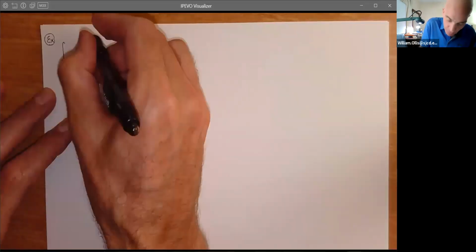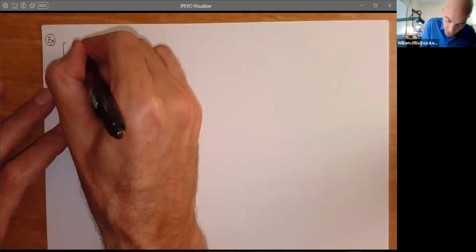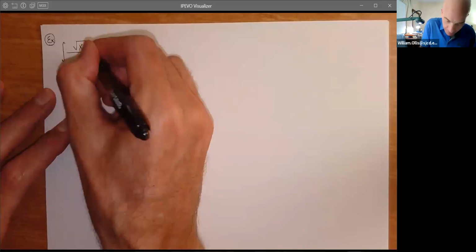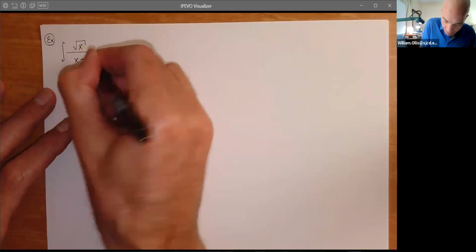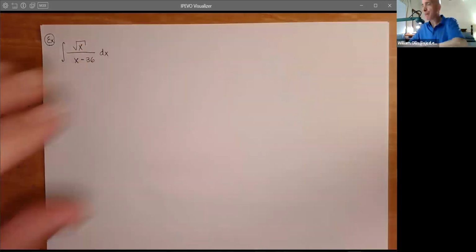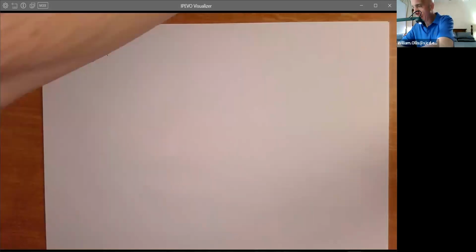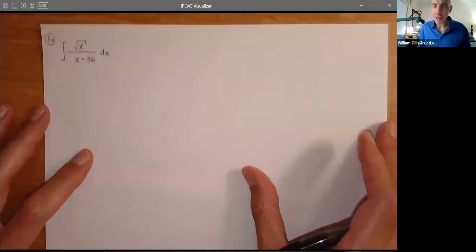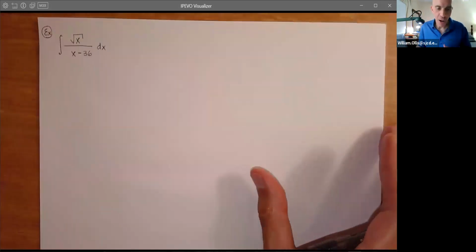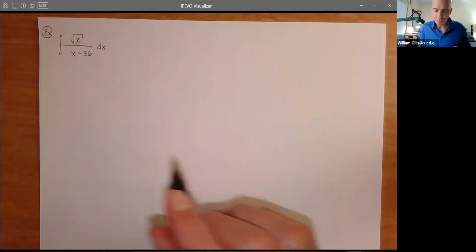Don't forget integration by parts. You know, that's our friend too. x minus 36. Now, what I want you to do, I want you to go back to the very beginning and have that formula ready, our formulas that we derived, because I think we're looking at this problem, I think we're going to be able to use it.